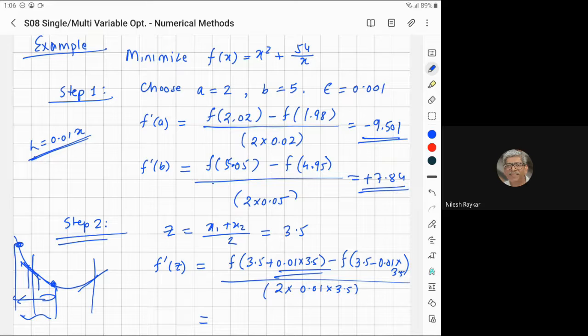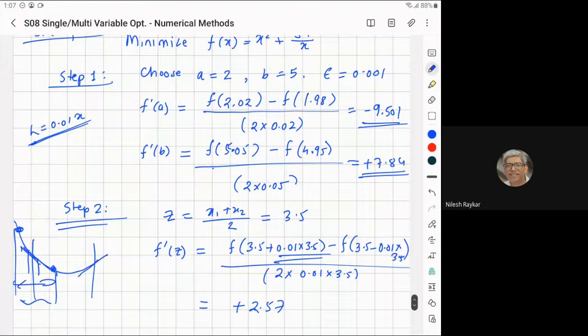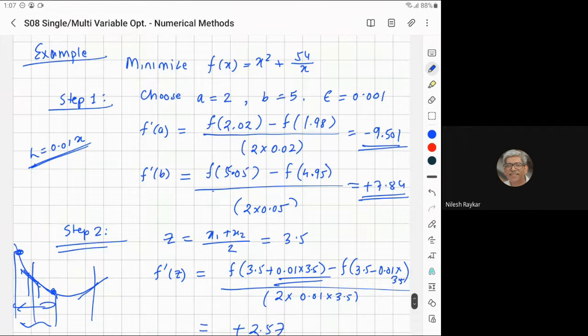So let's move ahead. So this f dash z, in the meantime, somebody has calculated. It will be 2.57. Is it plus or minus? Okay, so it is plus. Which means, what is our new x1 and x2? Earlier x1 was 2 and x2 was pi.